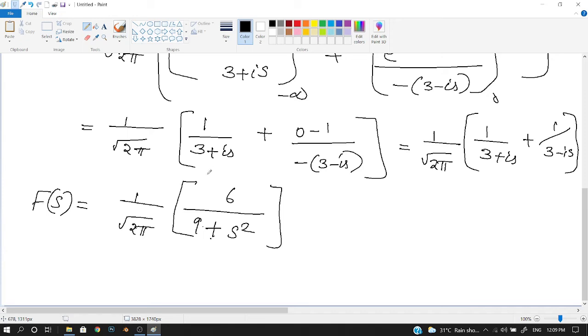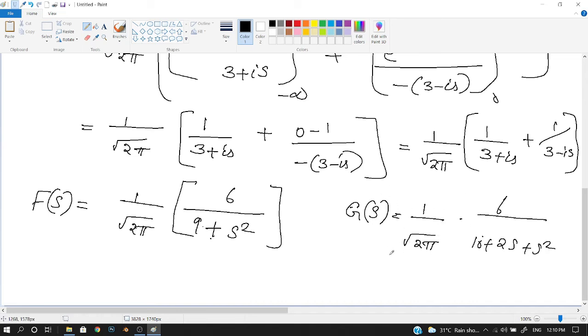Now here we want to calculate the function corresponding to g of s, which is 1 by root 2 pi into 6 by 10 plus 2s plus s square. Okay, we want to calculate the function of g of s.